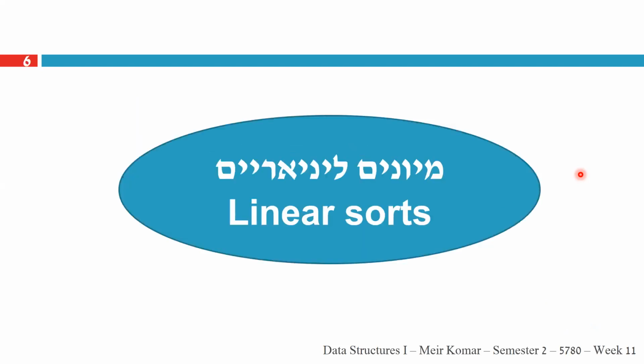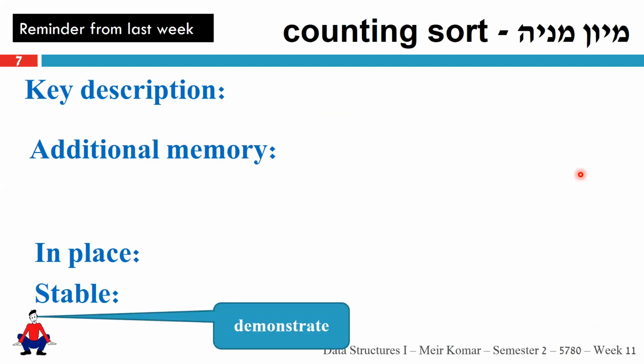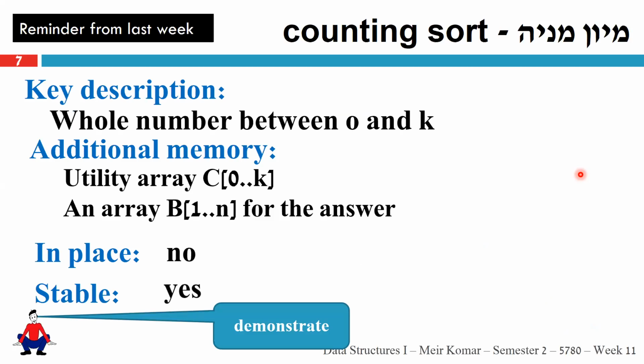Okay, so let's continue. We talked about linear sorts. Just as a reminder from last week, we talked about counting sort. The idea of the counting sort is that, first of all, it only works with whole numbers in a certain range, between 0 and k.